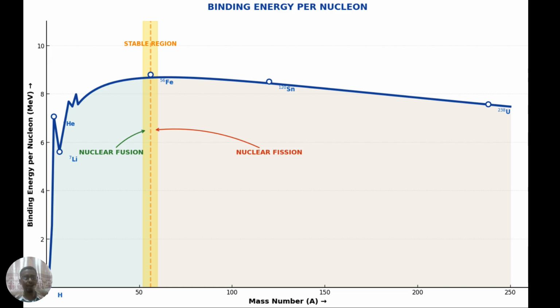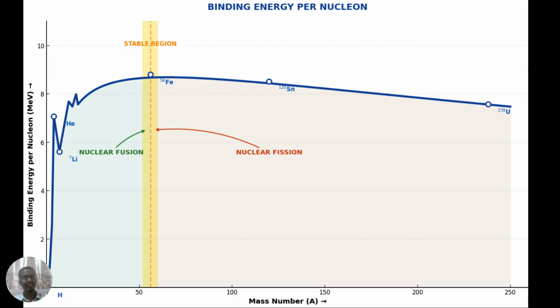But we can see some zigzag up and down around lithium and some other nuclei, and it increases up to the maximum point, which is the stability region, iron 56.